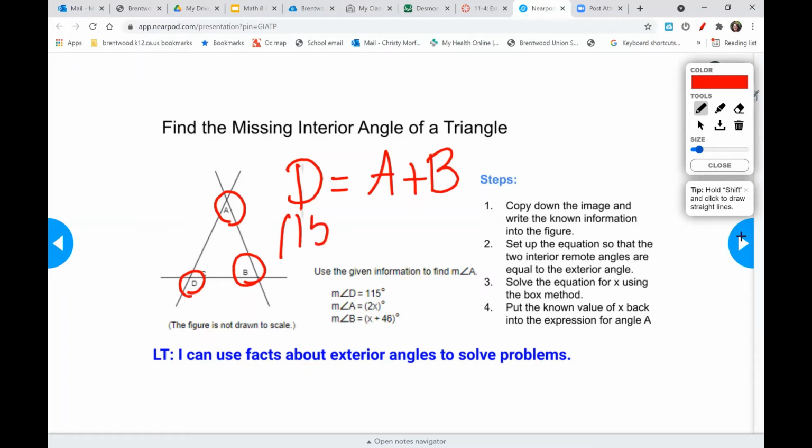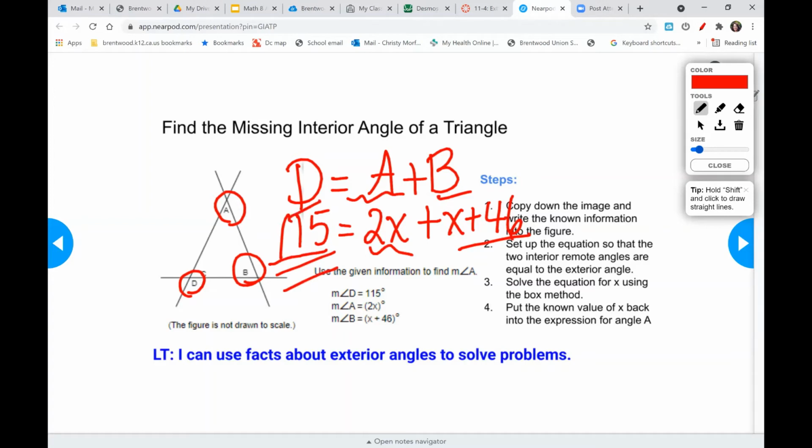And then you replace, that's what it says off to the side. You replace each of the letters with what is there in the information. So B is x plus 46, A is 2x, and D is 115. So I'm not going to do that problem out. I'm going to wait and do one that's actually in your assignment.